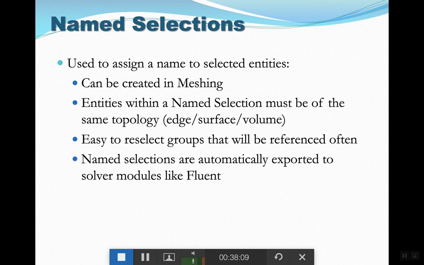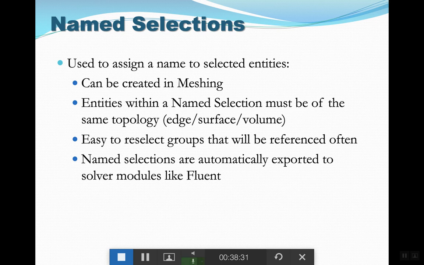Before we wrap up, the last part in our mesh generation is something called name selections. Once you create your mesh, you have your geometry and you have your mesh. The last step is to import this into your simulation software.